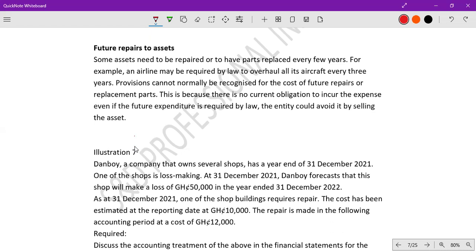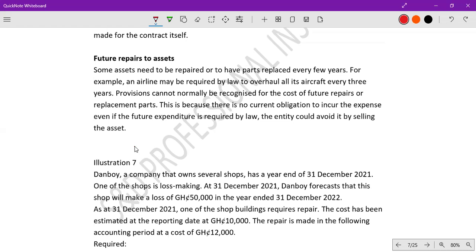Okay. So please, somebody should read illustration number 7 for us. Dan Boy, a company that owns several shops, has a year end of the 31st December 2021. One of the shops is loss making.